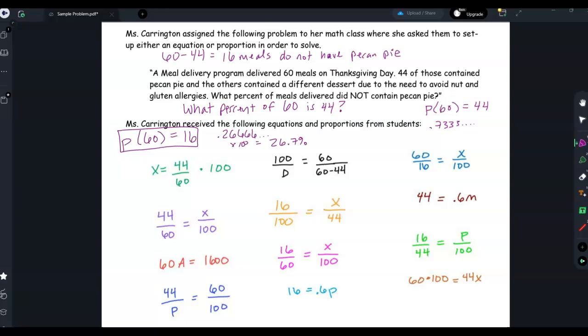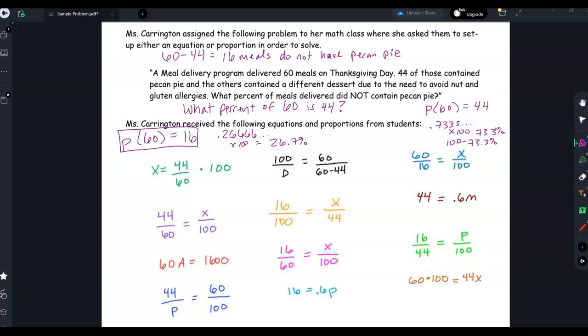And then again, once you multiply that by 100 or move the decimal 2 spaces, same thing, you're going to get 73.3%. And then you just have to remember to subtract that from 100, right? Since we're trying to find the percent that does not contain pecan pie, this is saying 73.3% does contain pecan pie. So we do 100 minus 73.3% and get the 26.7%.